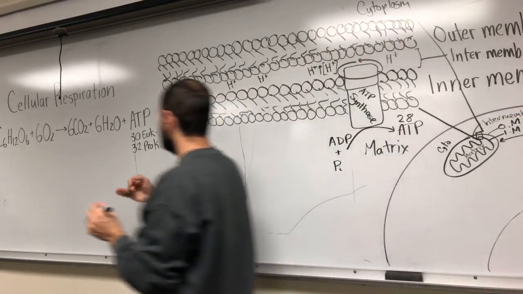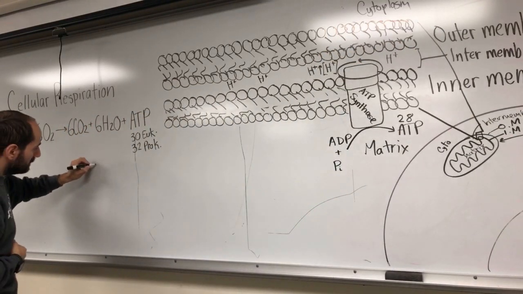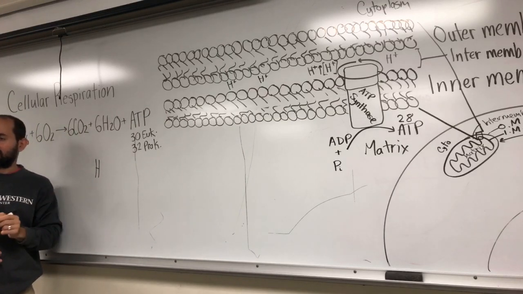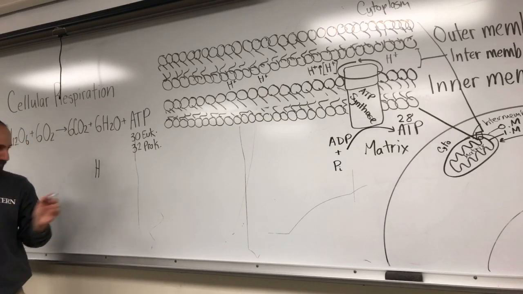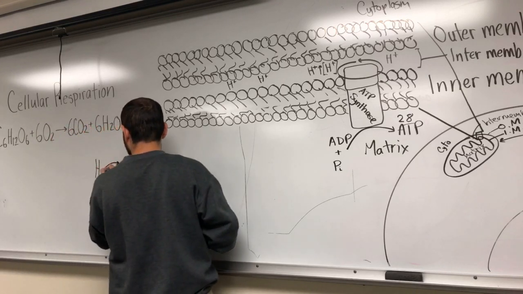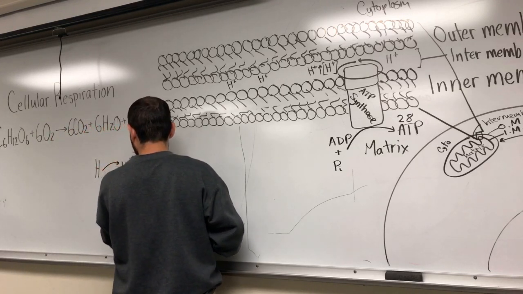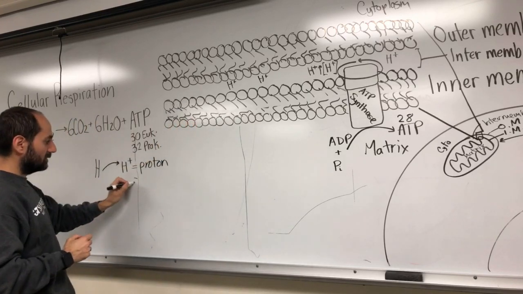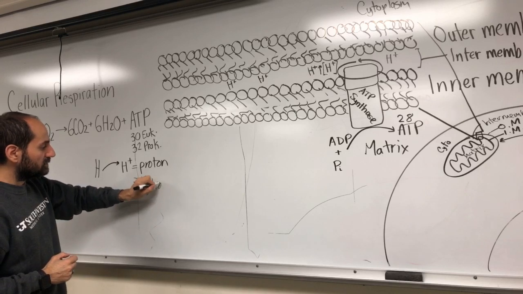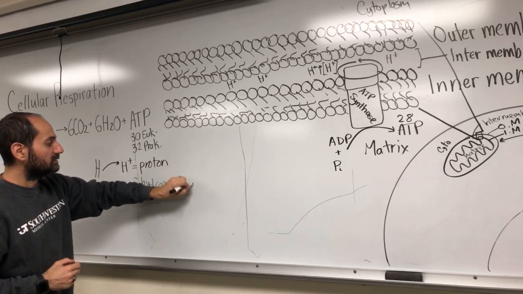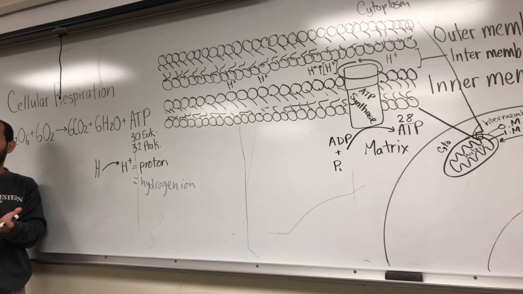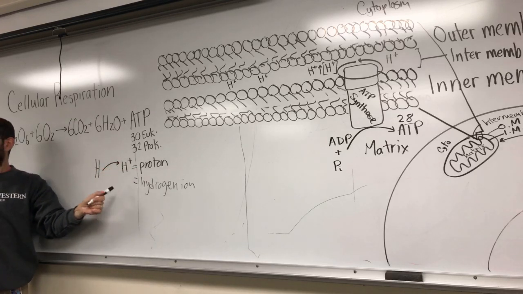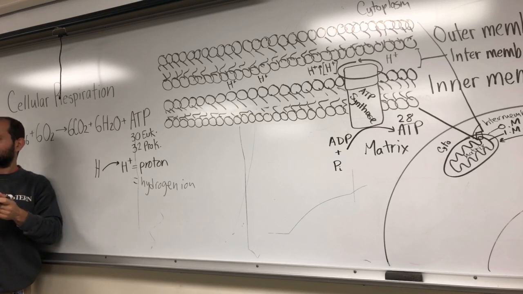And just to remind you, if you have hydrogen, what is the hydrogen made out of? A proton. The hydrogen is made out of an H plus, which equals proton, which equals hydrogen ion. All three of these things literally mean the same thing.